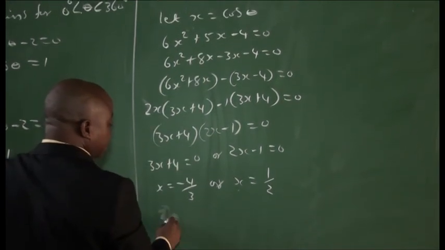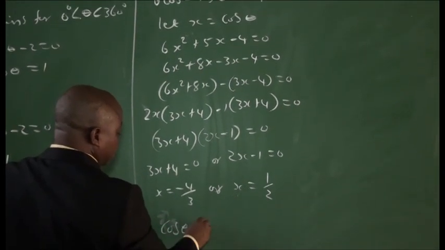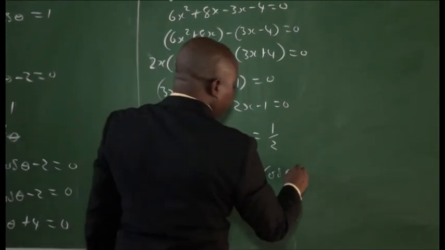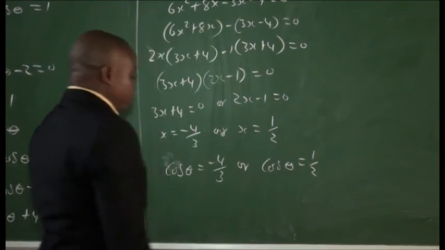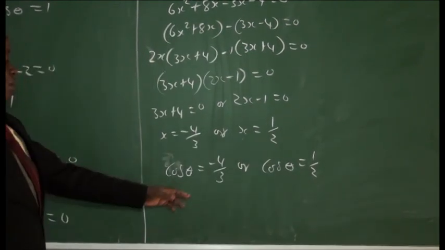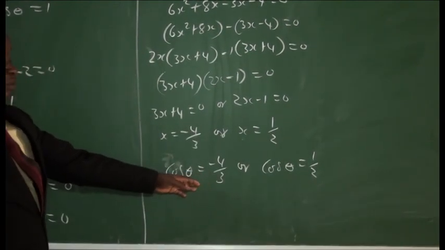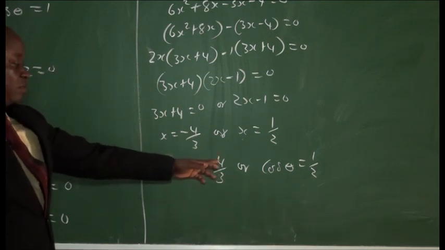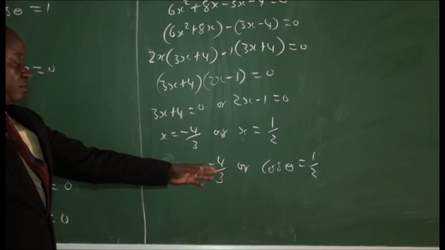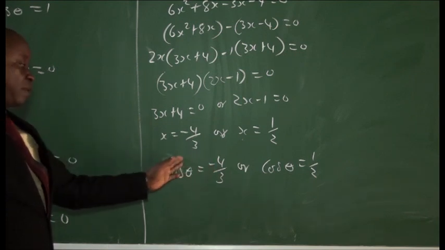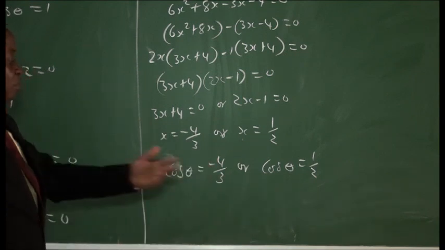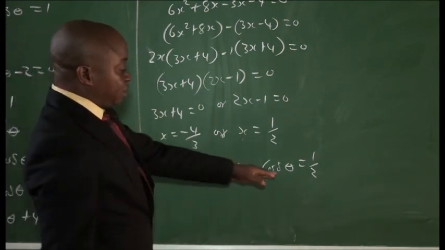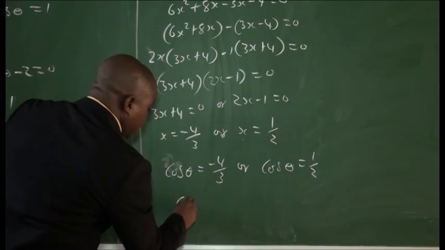So meaning that cos theta equals minus 4 over 3, or cos theta equals 1 over 2. Now this one is not defined. The other one is defined. Of course, you see, minus 4 divided by 3 is beyond 1 in magnitude. So it may not be defined. Here is defined. So we take that.